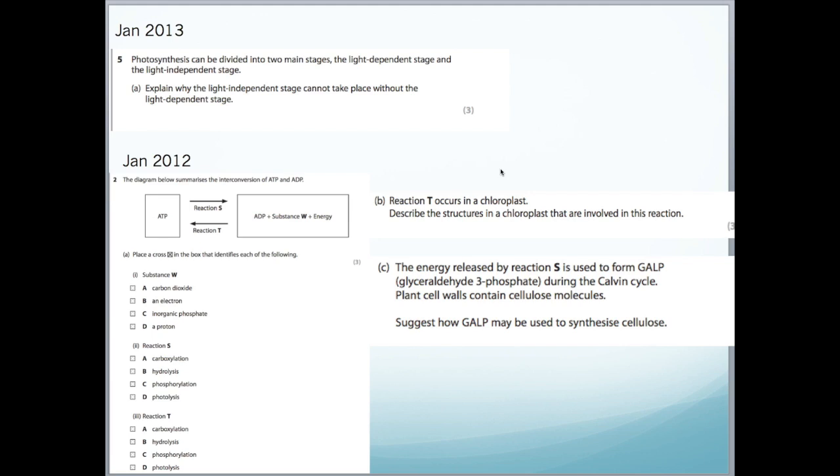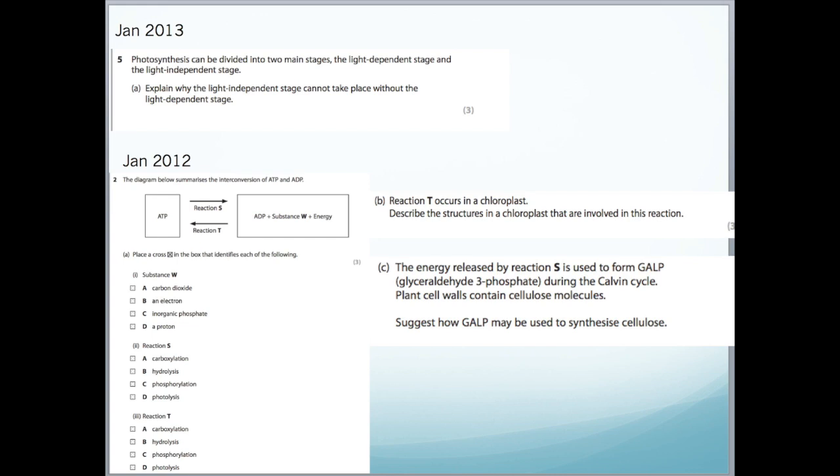And the final question is the energy released by reaction S is used to form GALP, glyceraldehyde 3-phosphate, during the Calvin cycle. Plant cell walls contain cellulose molecules. Suggest how GALP may be used to synthesize cellulose. So this has got 5 marks.